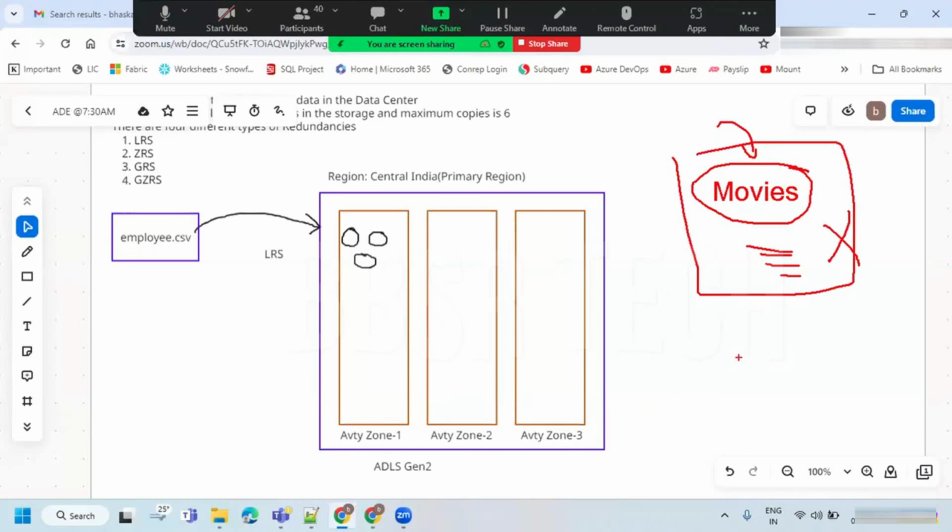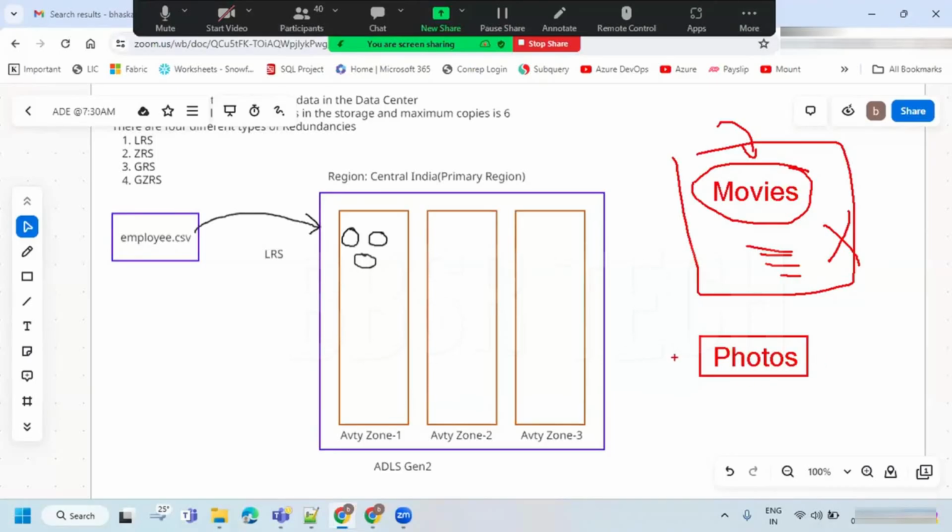Or you have photos. For most of you, photos are important. So you store the photos in your system, and one fine day your laptop is corrupted for some reason. If that is the case, then you are going to lose the photos. That means there are more chances of losing your data if it is only on your laptop.